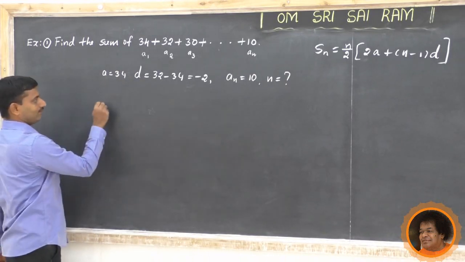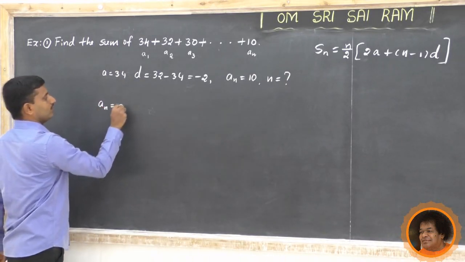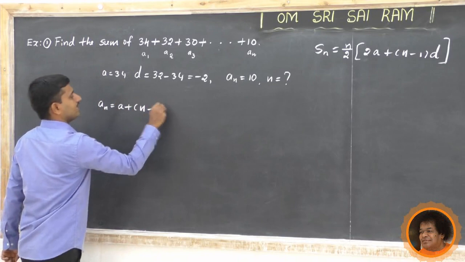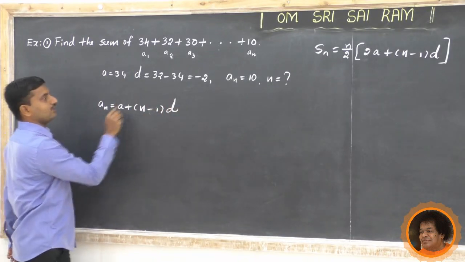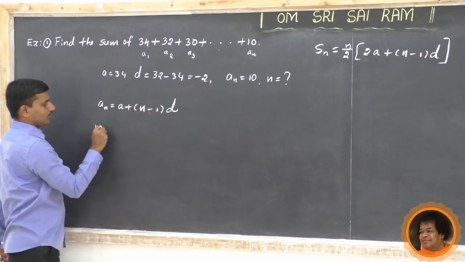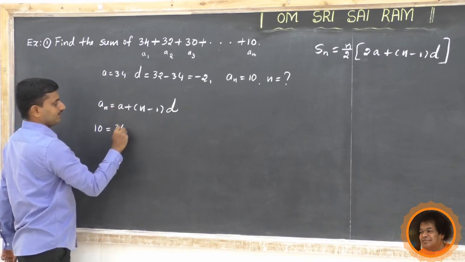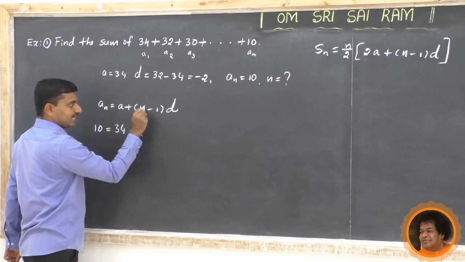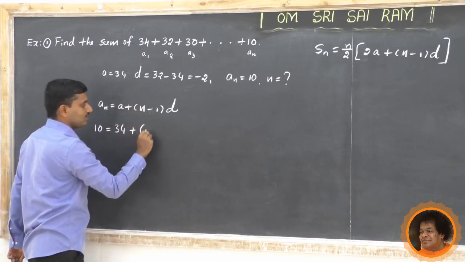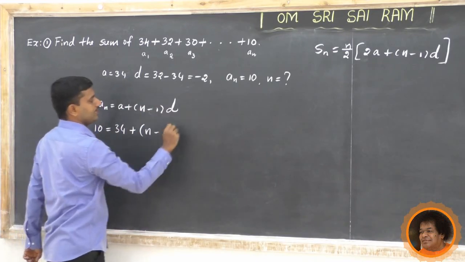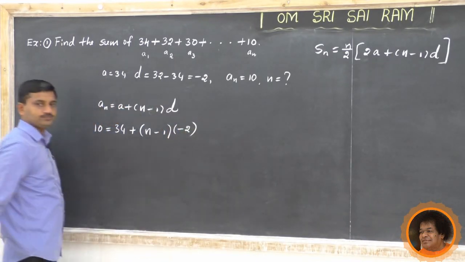So what is the formula? an is equal to a plus n minus 1 into d. So here the an value is given, that is 10. So 10 is equal to a, 34, plus n minus 1 into d, that is minus 2.